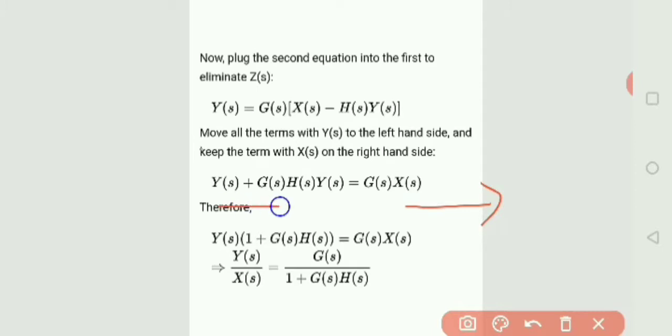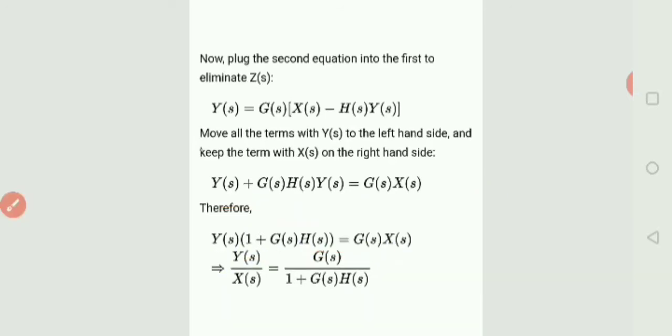Taking Y(s) common, Y(s) into 1 plus G(s) into H(s) equals G(s) into X(s). So Y(s) upon X(s) equals G(s) upon 1 plus G(s) into H(s). This is our transfer function.